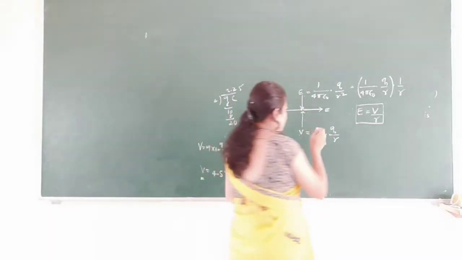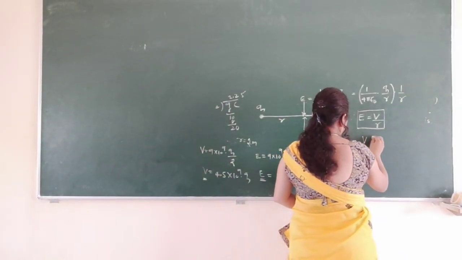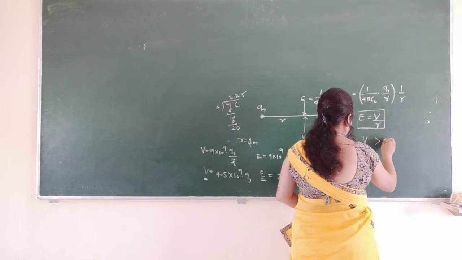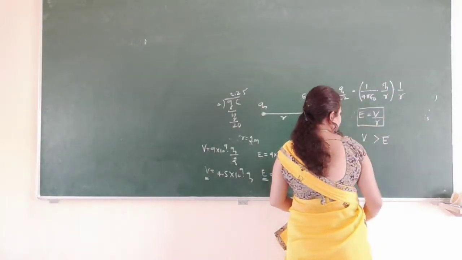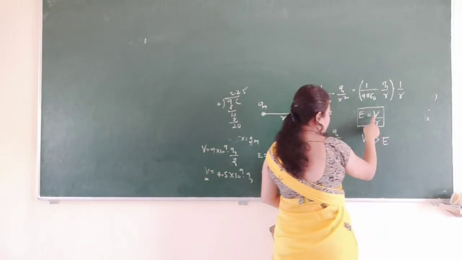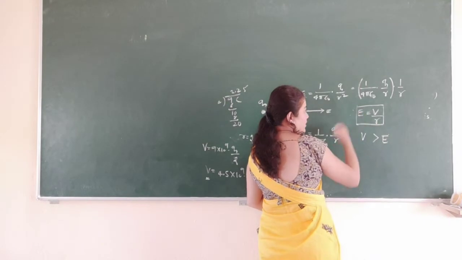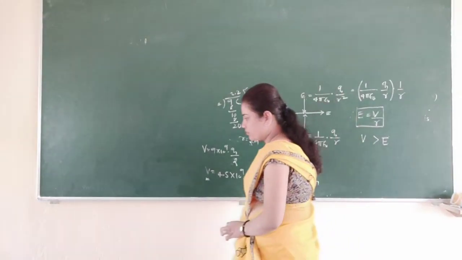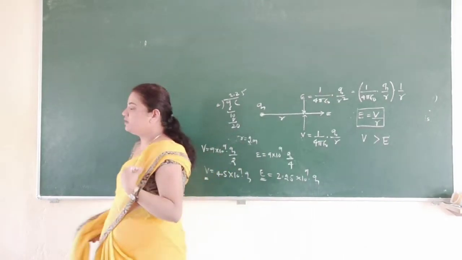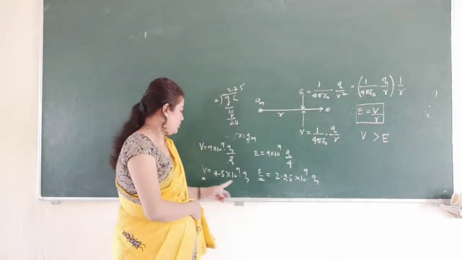So at this point, V is greater than E. Because looking at this equation, V divided by R is E, so R times E is V. If you calculate, we get E equal to 2.25 into 10 to the power 9 Q, and here 4.5 into 10 to the power 9 Q.